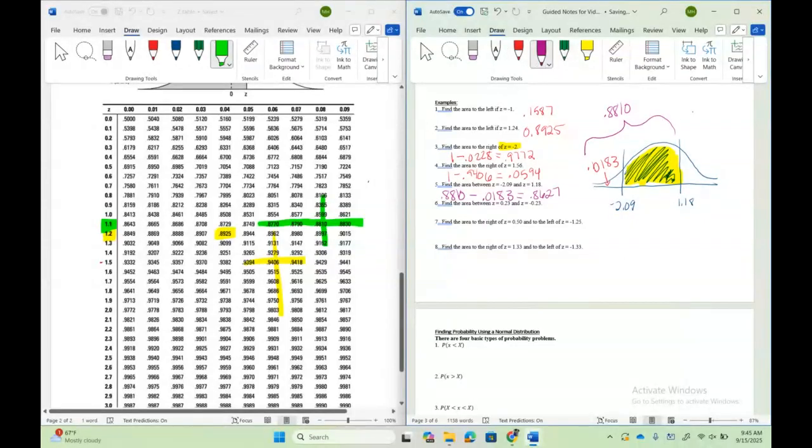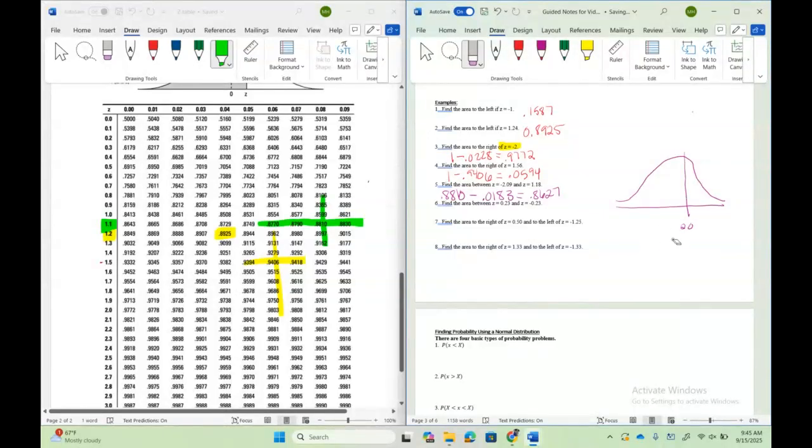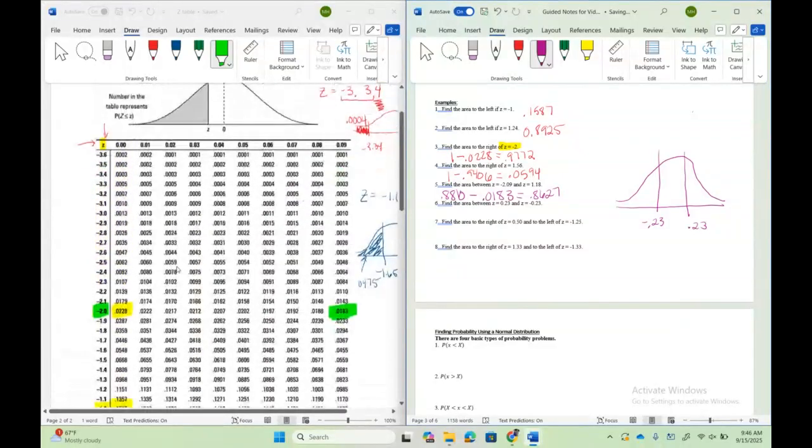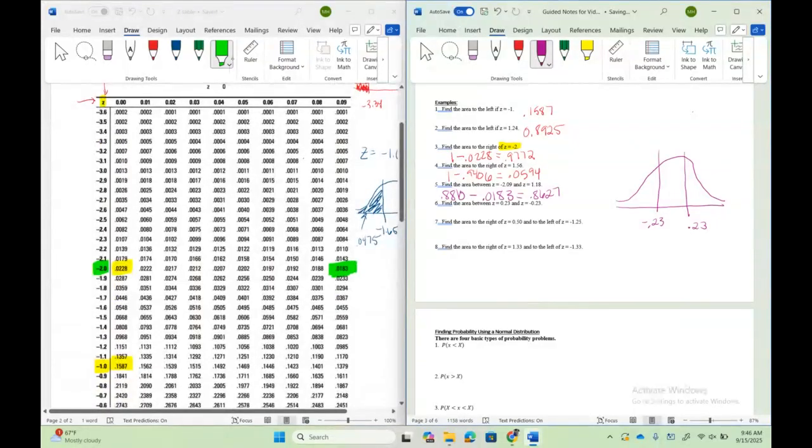Find the area between 0.23 and negative 0.23. Excuse me, not 2.03. All right, so let's find negative 0.23. Use this column right here.